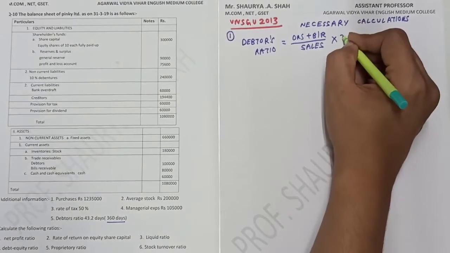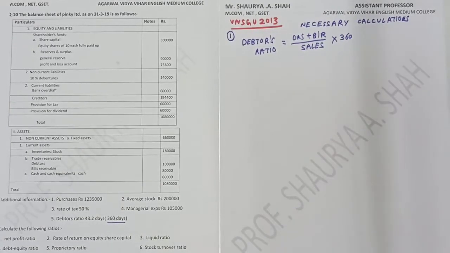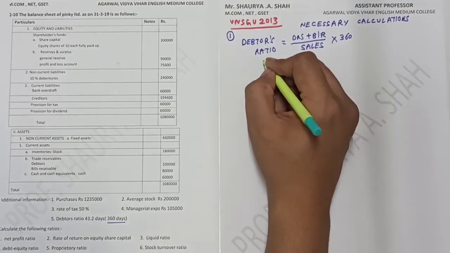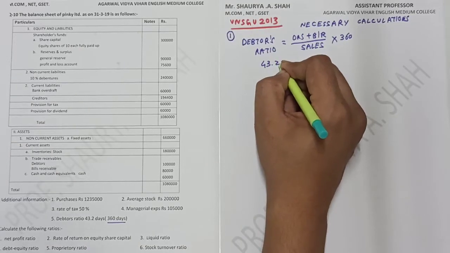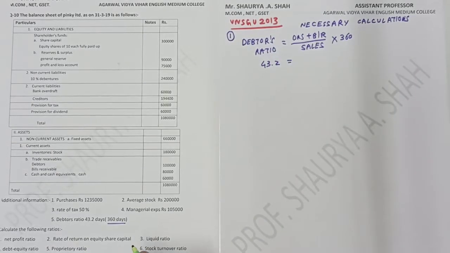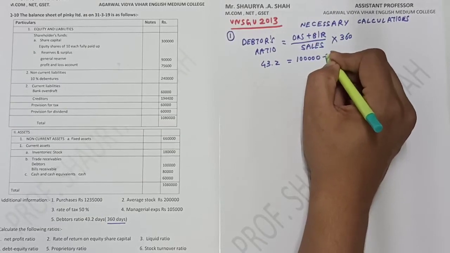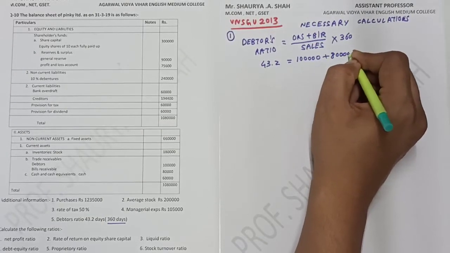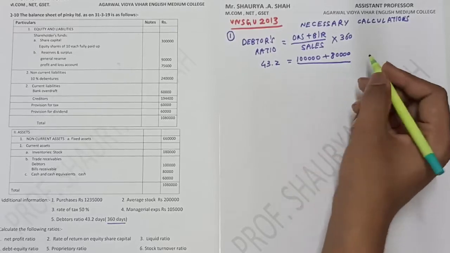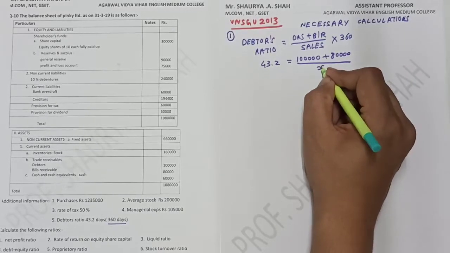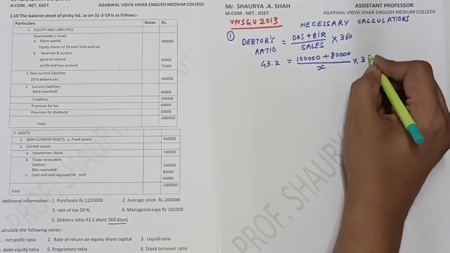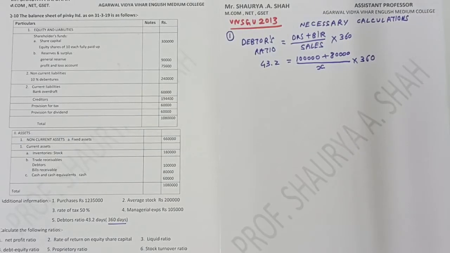So we'll multiply it by 360. Here the answer I am having is 43.2, equals debtors given in the balance sheet, 1 lakh, plus bills receivable given, 80,000, divided by sales. Sales I am not having, so I will put it as X into 360. Is it clear, students?